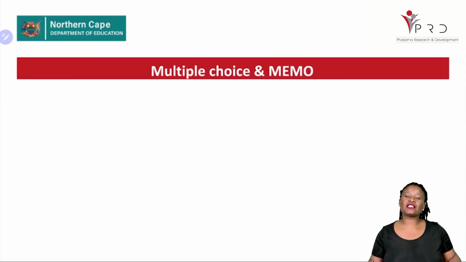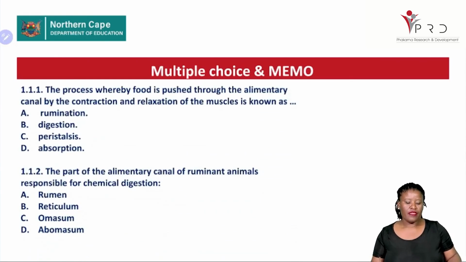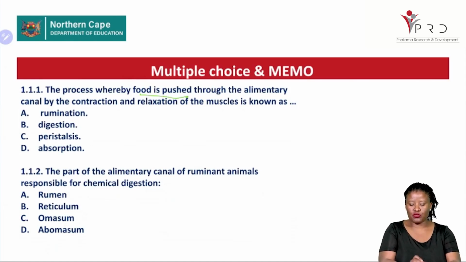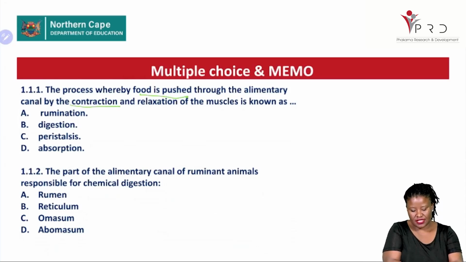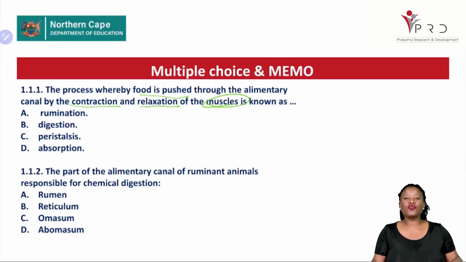Let's look at how this information is assessed in multiple choice questions. The process whereby food is pushed through the alimentary canal by the contraction and relaxation of the muscles is known as.